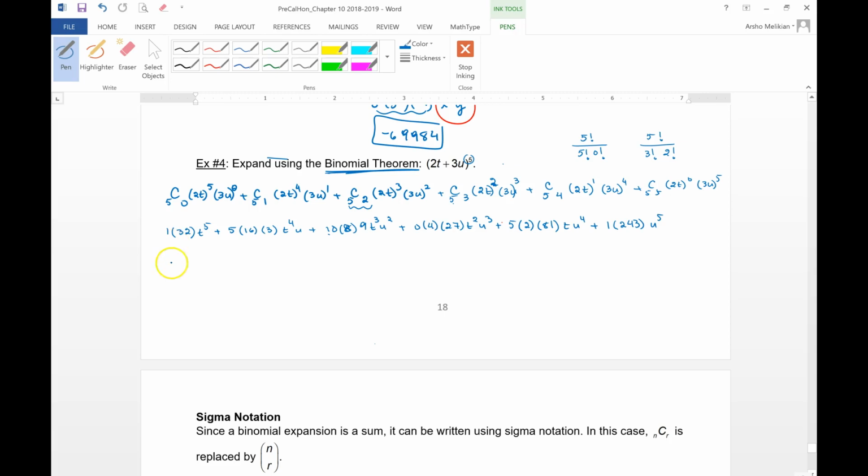Finally, I have 32 t to the 5th, plus 240 t to the 4 u, plus 720 t cubed u squared, plus 1080 t squared u cubed, plus 810 t u to the 4, plus 243 u to the 5. Okay? I feel like this deserves a happy face. I'm just having too much fun with that.